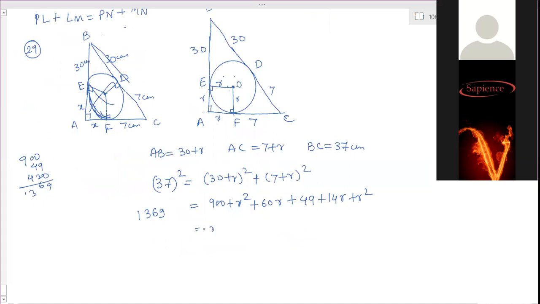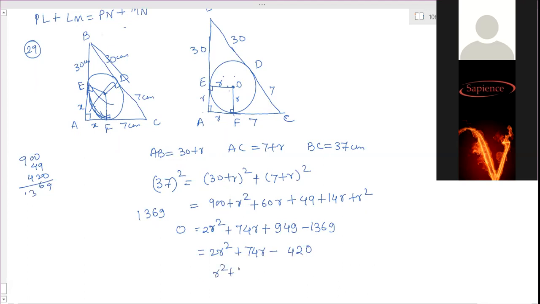So this is 2R squared plus 74R plus 949 minus 1369 is equal to 0. 2R squared plus 74R minus 420.